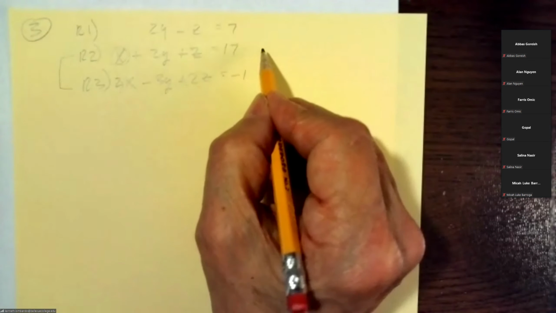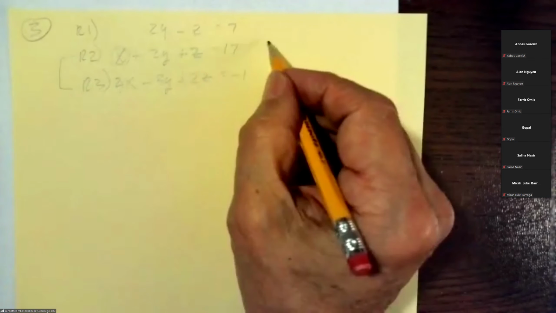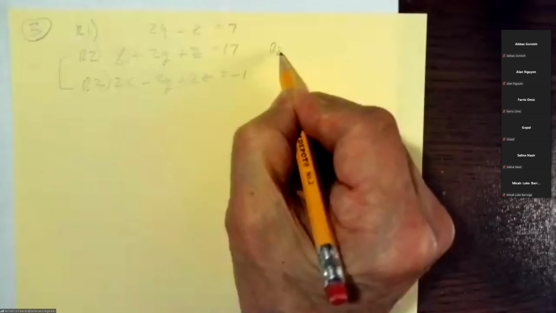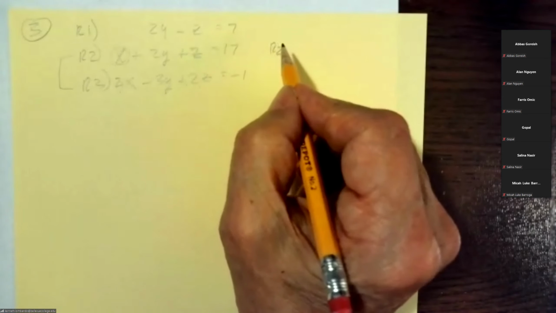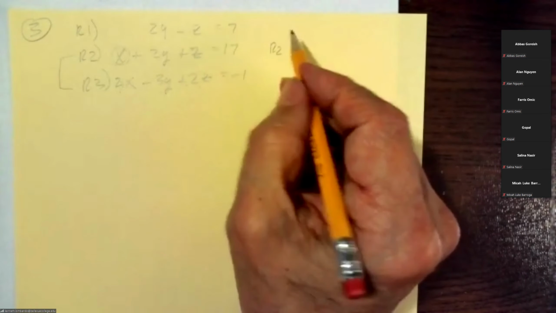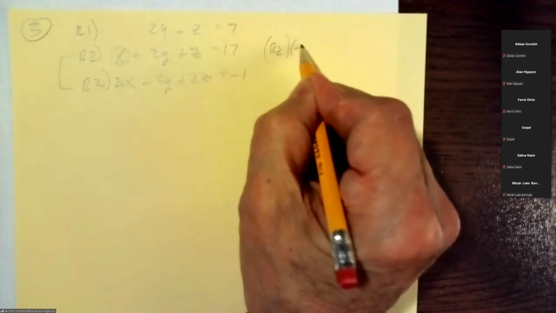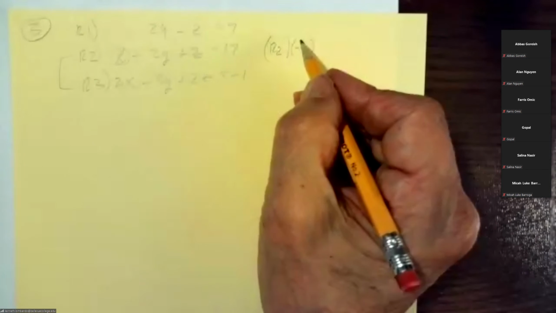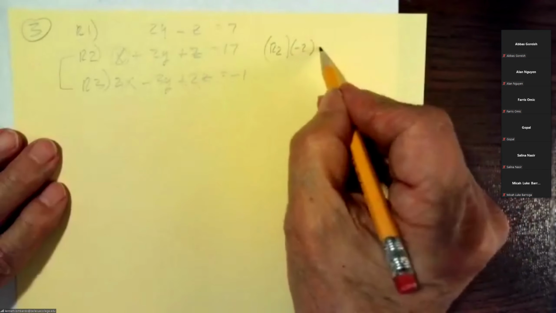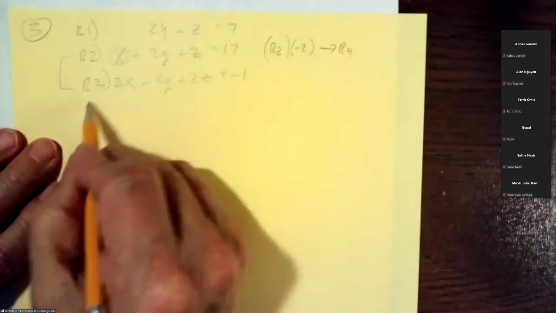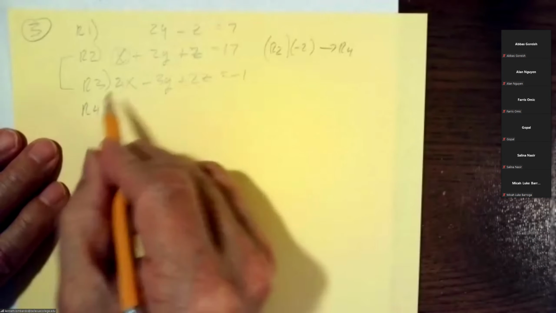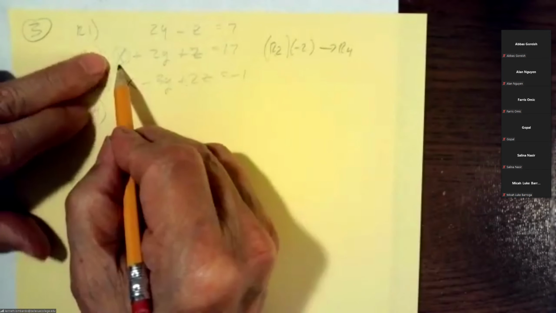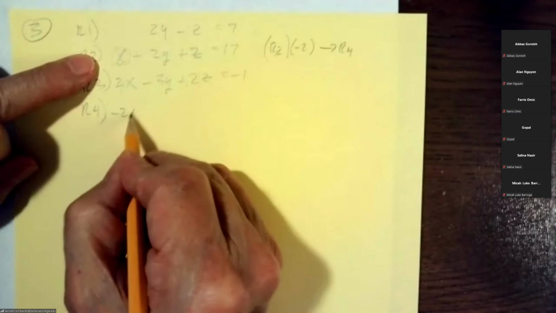So let's develop another equation by taking row 2 times -2. So if I multiply row 2 by -2 and call that row 4, maybe here's row 4 here. So row 2 times -2 gives me a -2x.